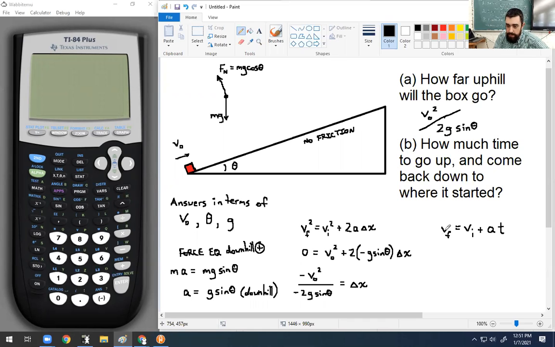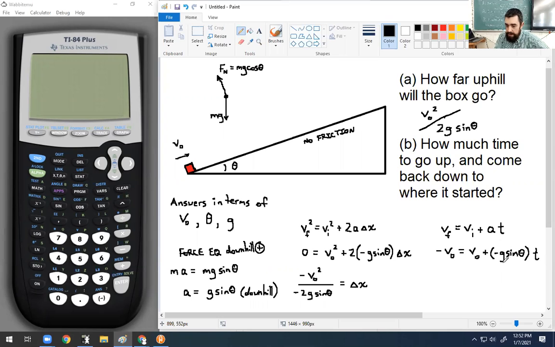I could say, when it's coming back down to where it started, it's going to have the same speed it had, but in the opposite direction. So I could say negative V0 is V final, and positive V0 is V initial. And negative g sine theta is going to be the acceleration, and then time.